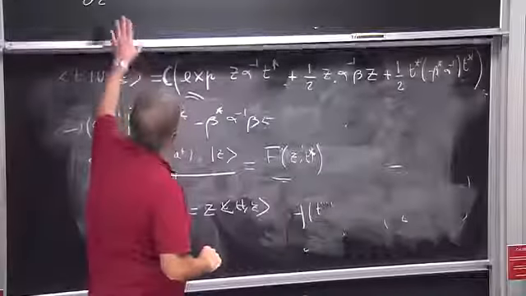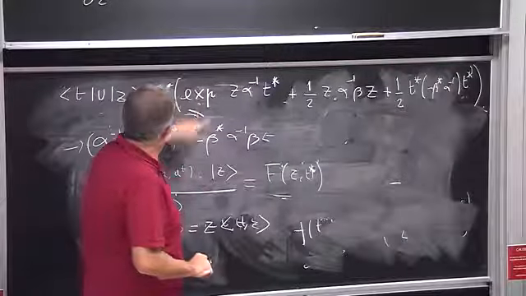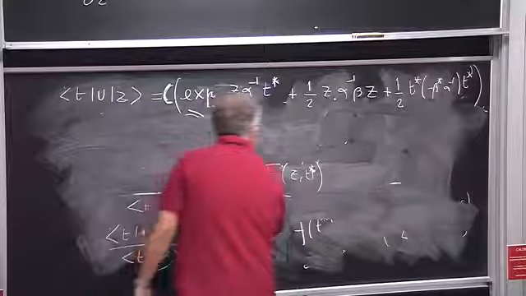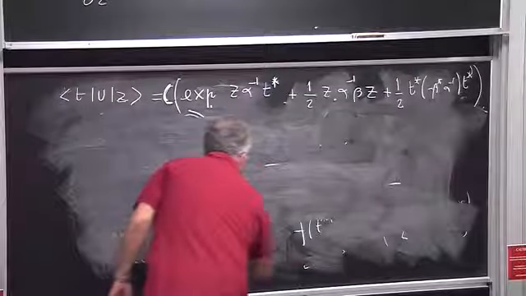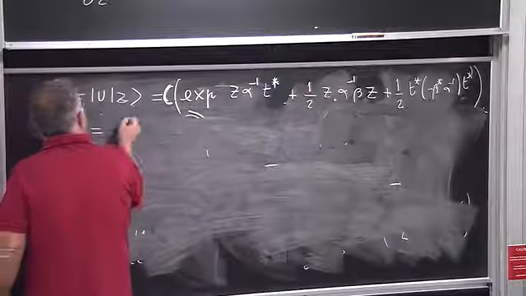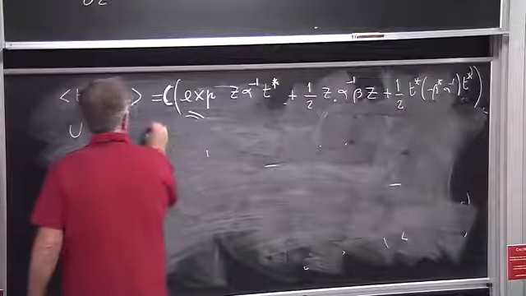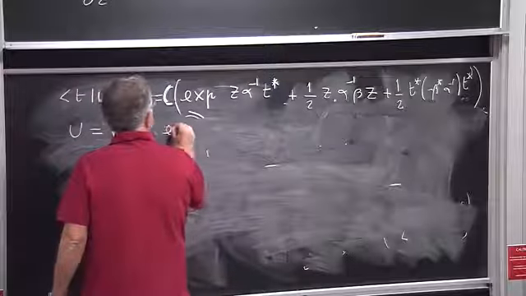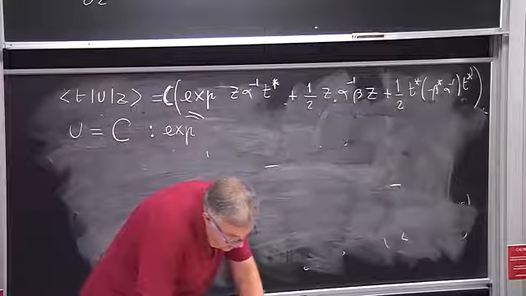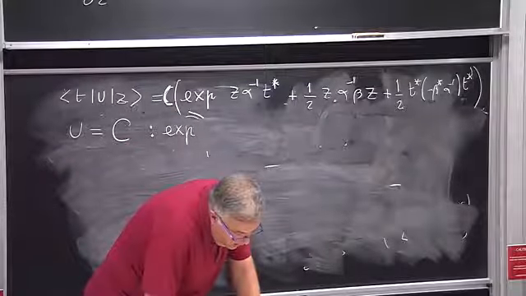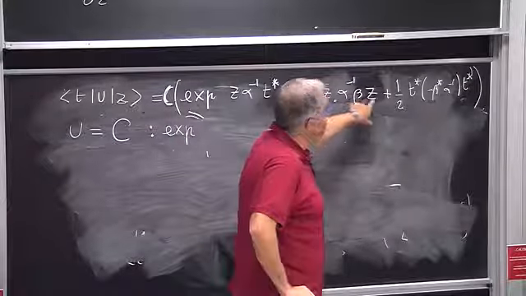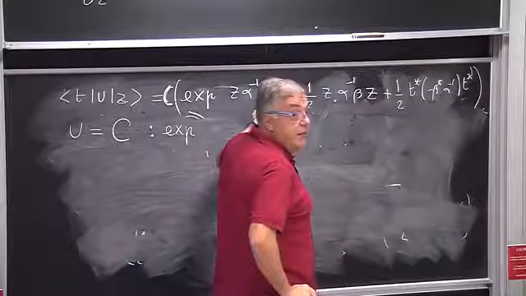So how do we pass from this relation to the operator? The operator is going to be a normal ordering. So U is a constant that we have to determine, the normal ordered exponential, where you find Z, you put A. Where you find T star, you put a dagger.